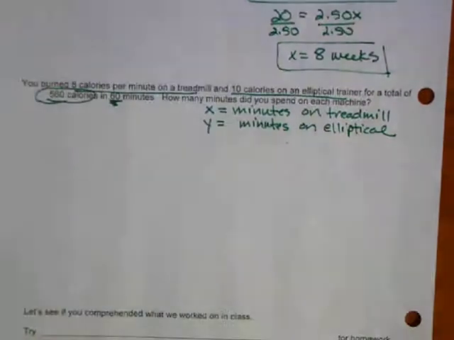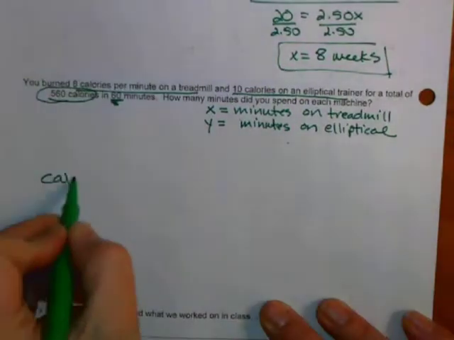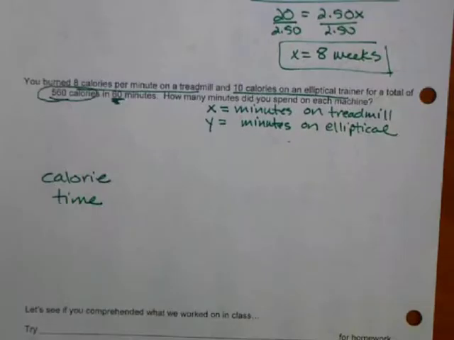Let's look at this story problem. We're talking about calories and we're talking about time. And I need 2 equations. So I'm guessing that I'm going to have to write a calorie equation and maybe a time equation. 2 equations. What information involves calories in that story problem?